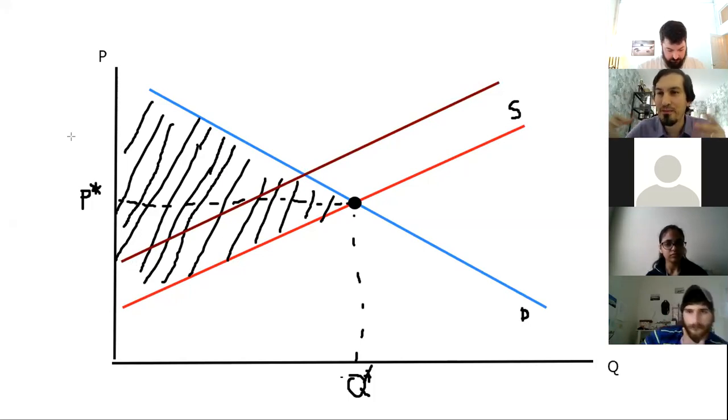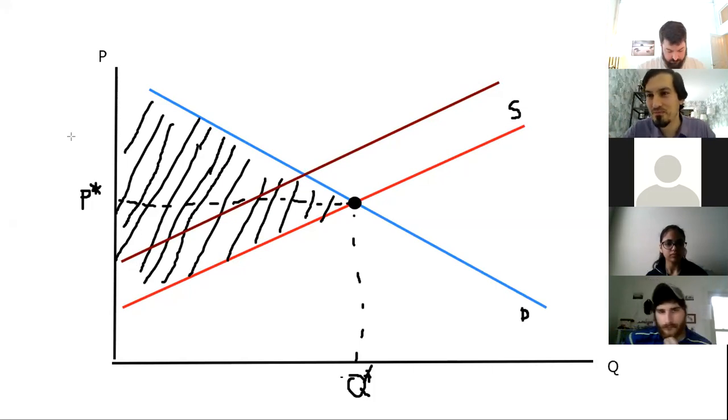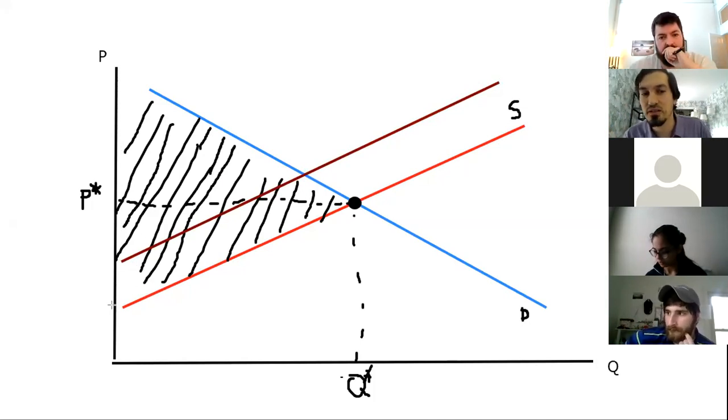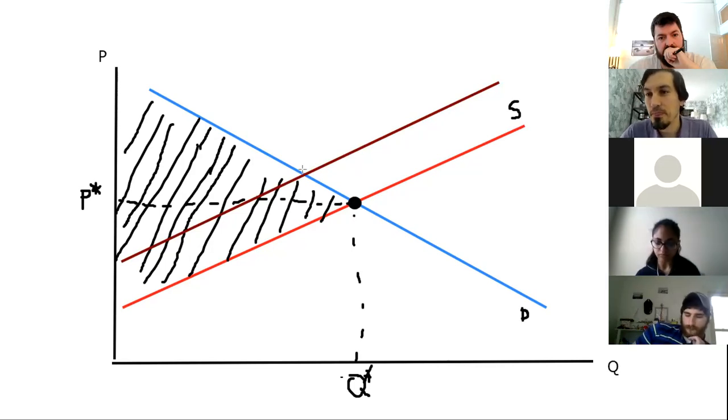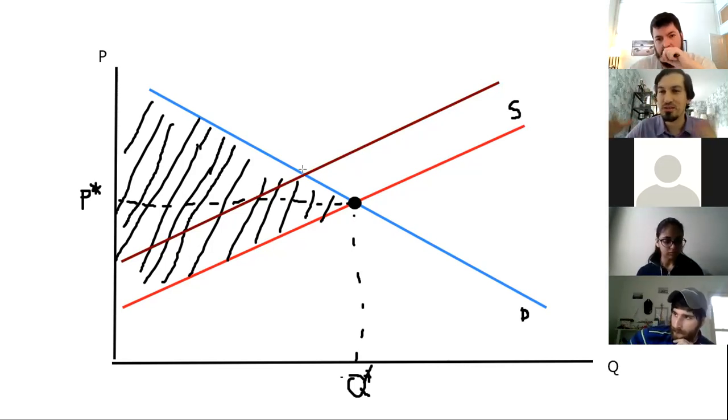So this darker red line is not the new private supply curve. In fact, the companies don't care. They're causing a negative externality, but their goal is still just to make as much profit as they can. So as far as they're concerned, the light red line is the true supply curve. Rather, this dark red line represents what you might call a social cost curve, which doesn't mean social like socialism.